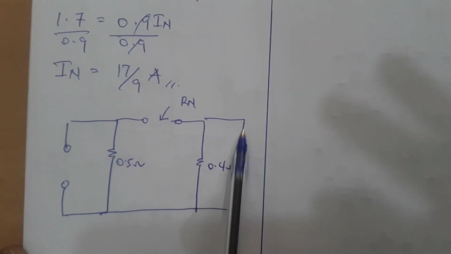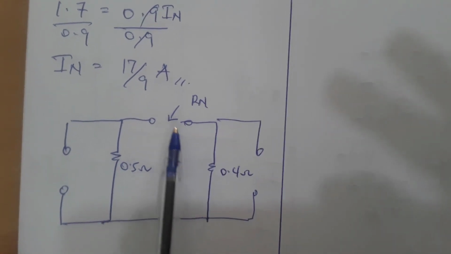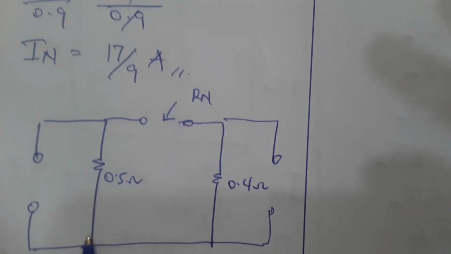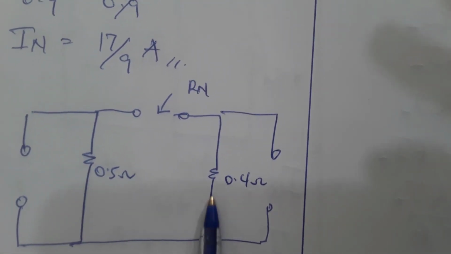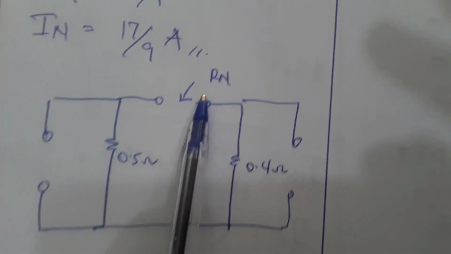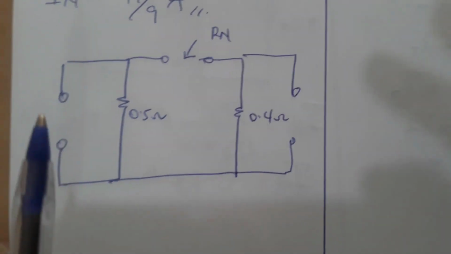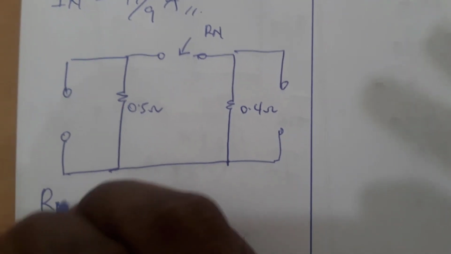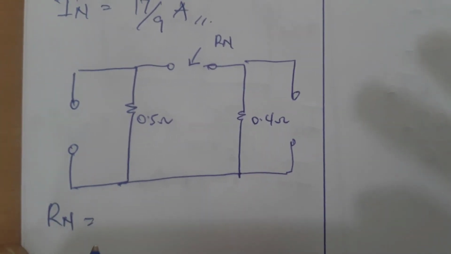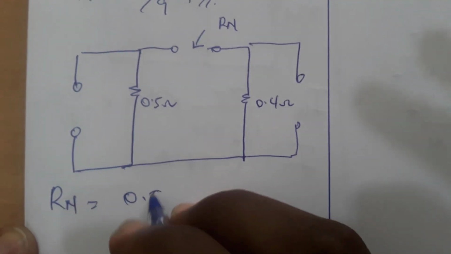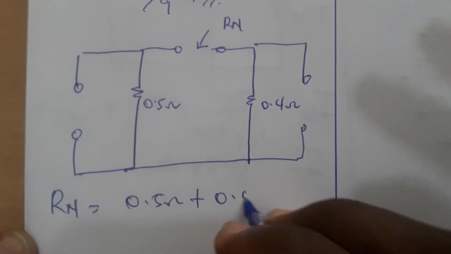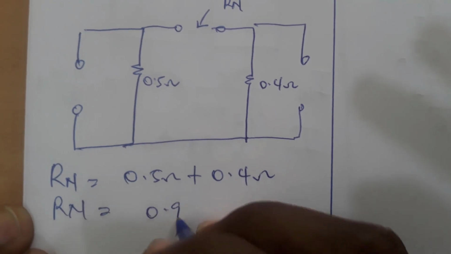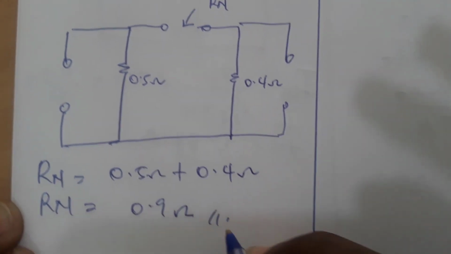The current would also not flow through this direction because here too is open. So it will flow through the 0.5 ohm through this branch and come back to wherever it started. The same current is flowing through 0.5 and 0.4 ohm. So our Rn, which is the same as RTH in Thevenin, will be 0.5 ohm plus 0.4 ohm. So Rn should give us 0.9 ohm.